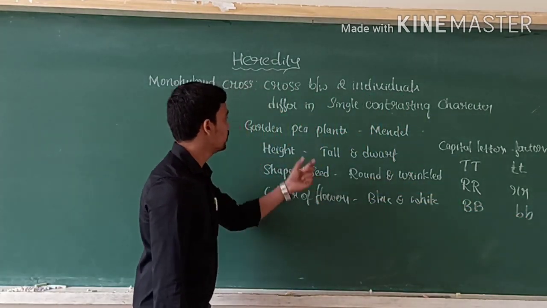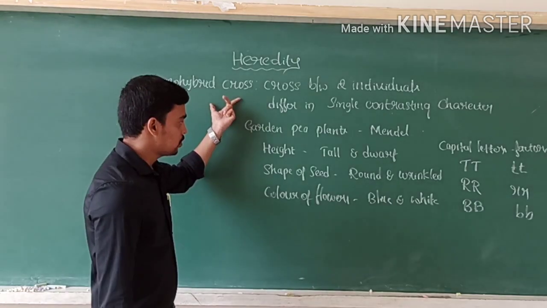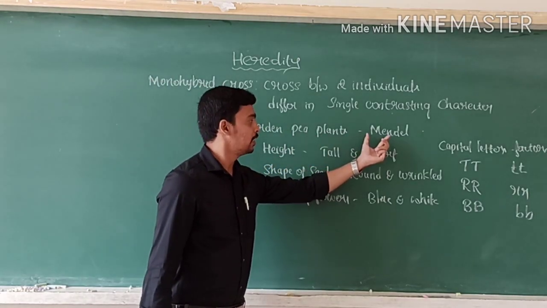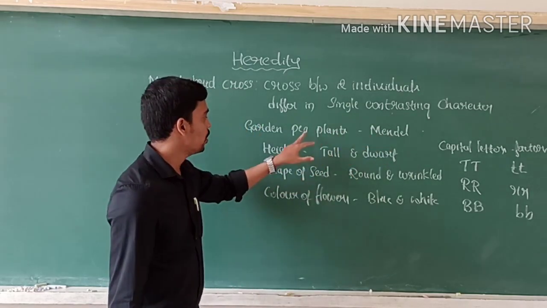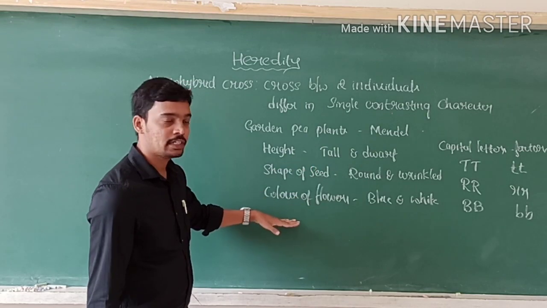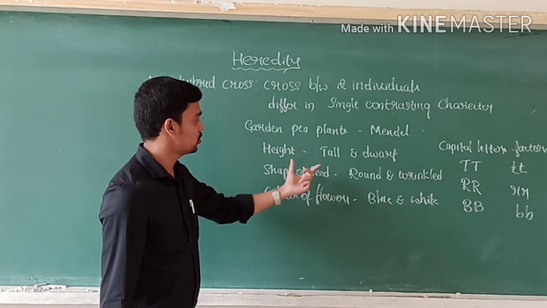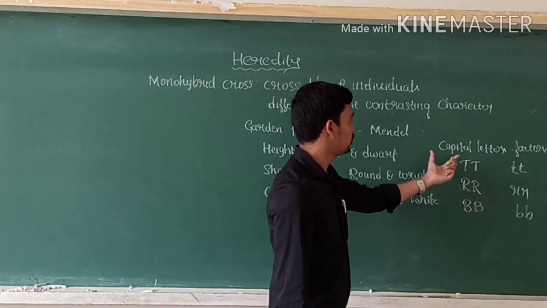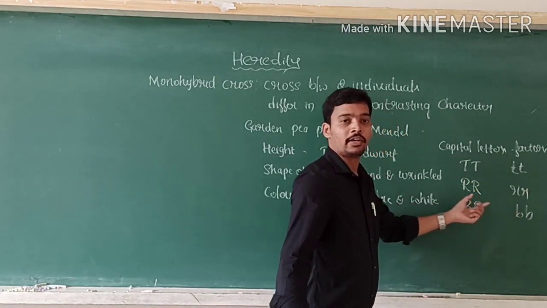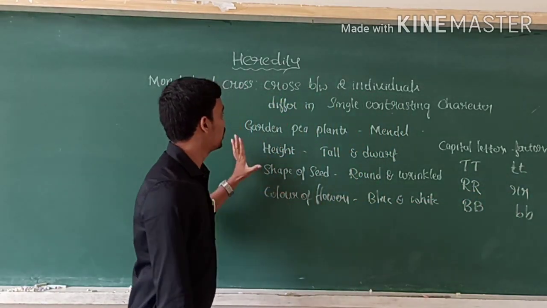This is regarding what a monohybrid cross is, who is the father of heredity as well as genetics, on which plants he conducted experiments, some contrasting characters and their contrasting forms, and how the dominant and recessive characters are represented.